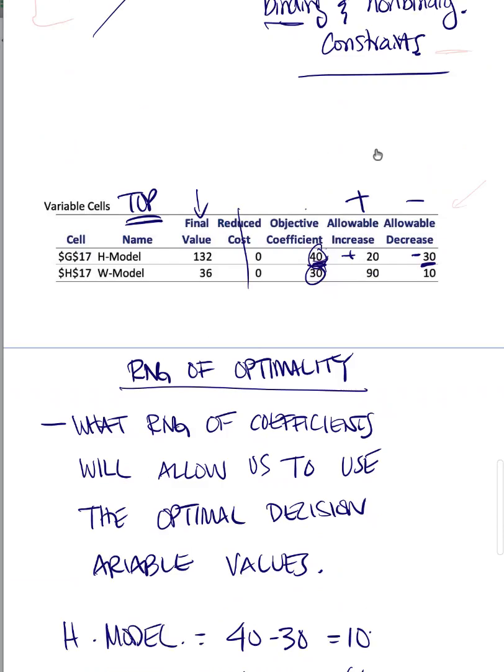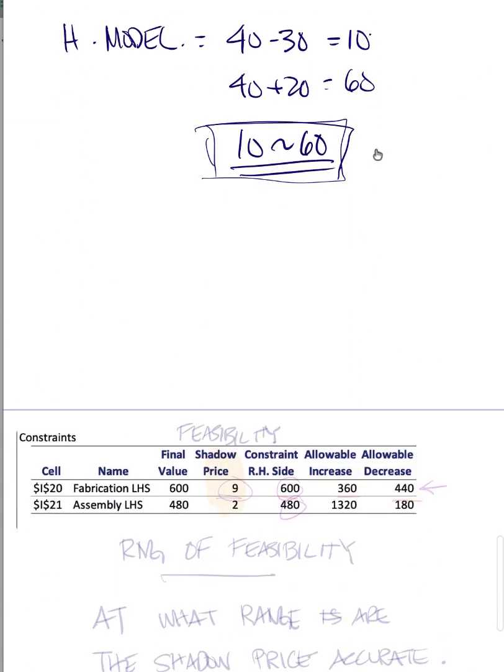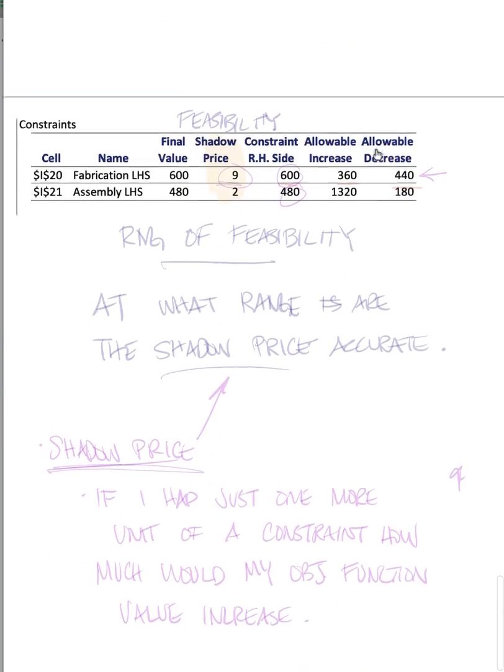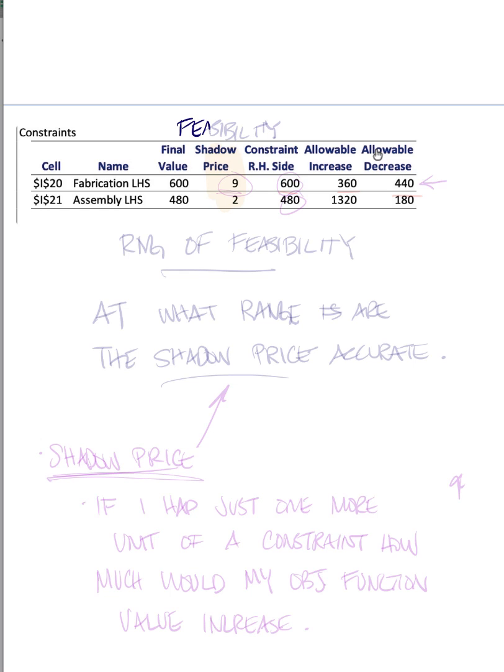All right, so now the bottom portion of the sensitivity analysis report deals with feasibility. And so this allows us to identify the range of feasibility.